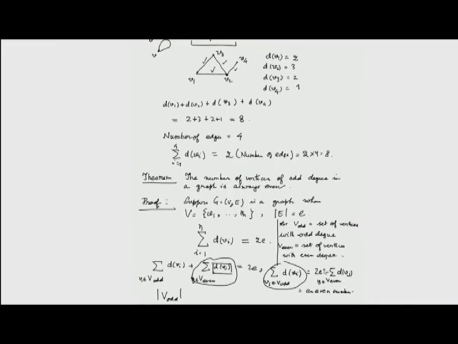So, the number of terms in the sum here has to be even, and that means that the cardinality of V odd is going to be an even integer, a non-negative integer, because of course it can be 0.